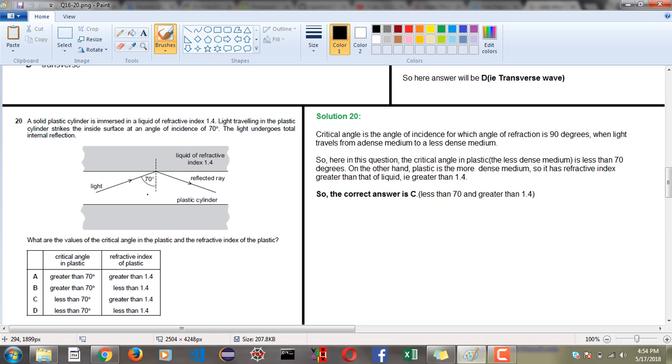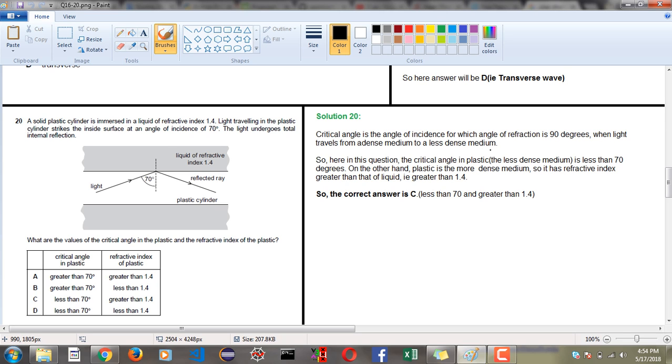Now if I increase the angle of incidence, there will be a time when the angle of refraction is 90 degrees. This is called the critical angle. More precisely, the critical angle is the angle of incidence for which the angle of refraction is 90 degrees, when light is traveling from a dense medium to a less dense medium.